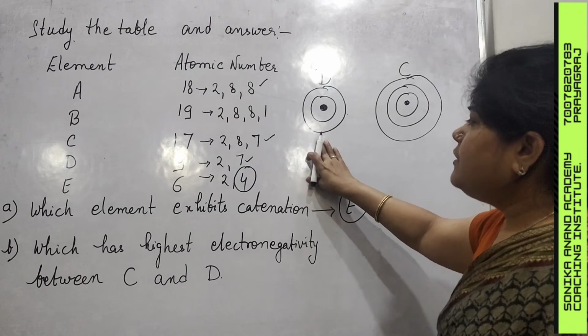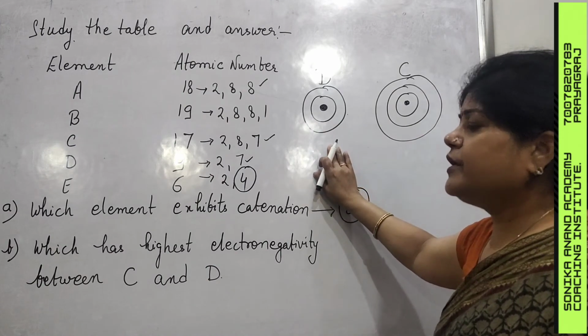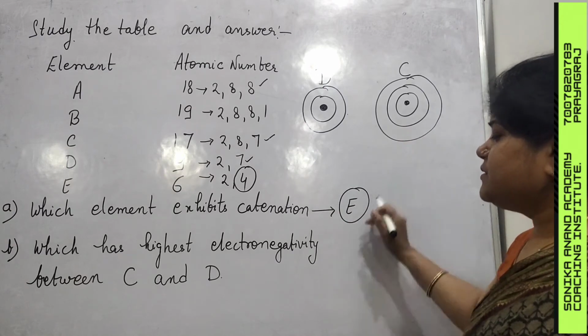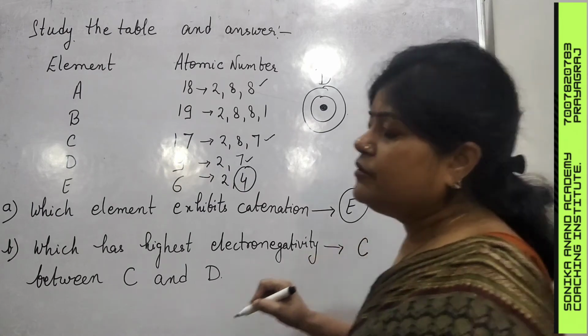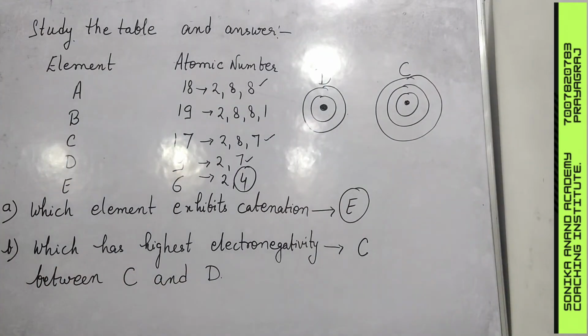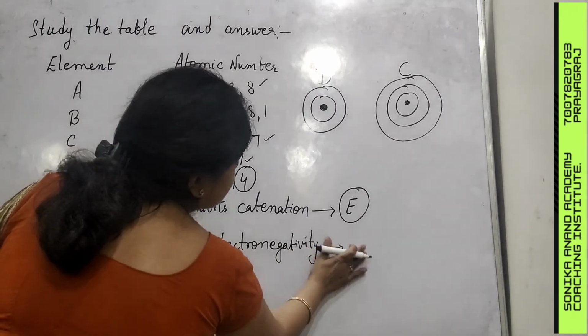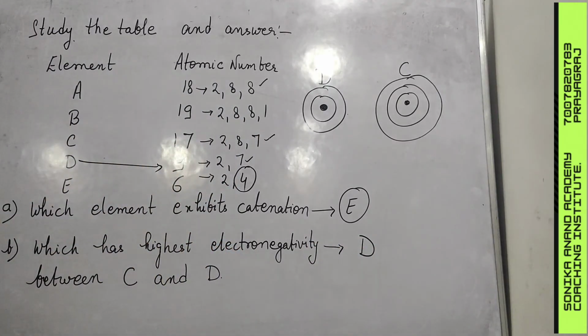The element which has the smaller size is more electronegative than the element which has the bigger size. So D has the smaller size, so the more electronegative atom is D. Okay, just correct it.